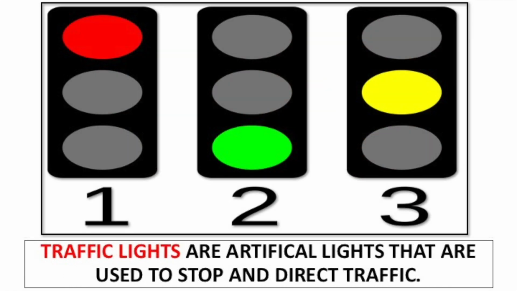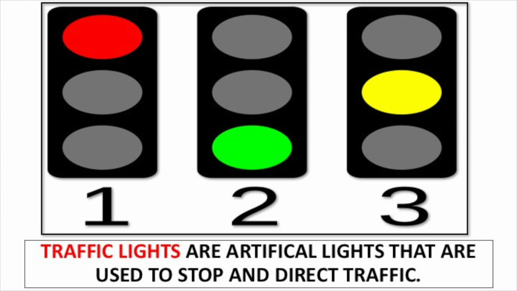Traffic lights are artificial lights that are used to stop and direct traffic. Yes. Whenever you go on a journey in a car or a bus or a motorbike even, sometimes you will come to a traffic light and it will say the different colours, will tell you what to do. What does red mean on a traffic light?